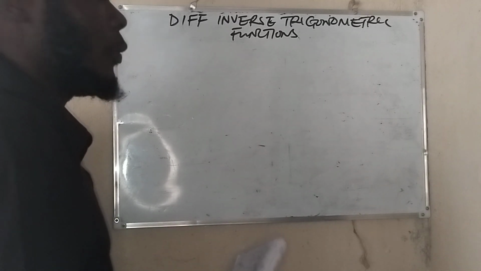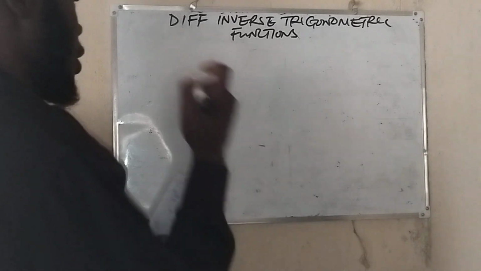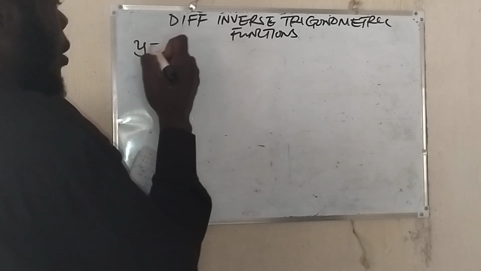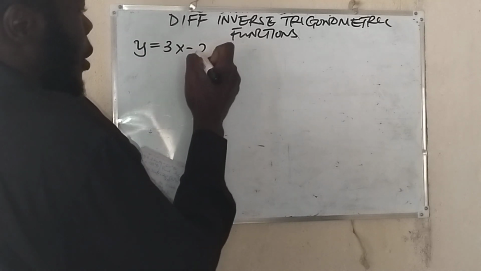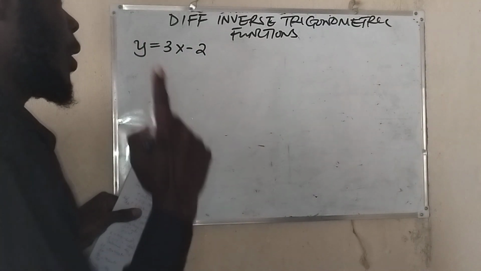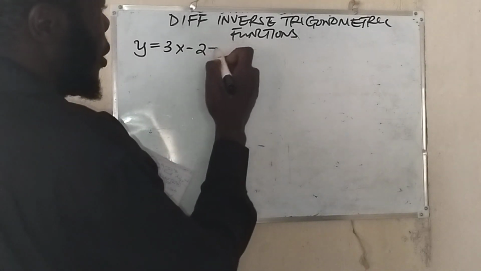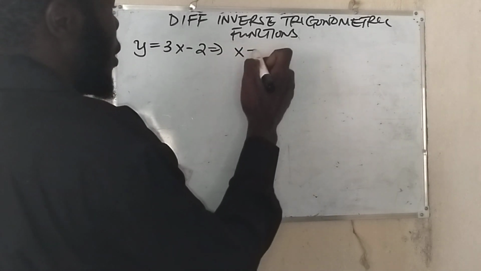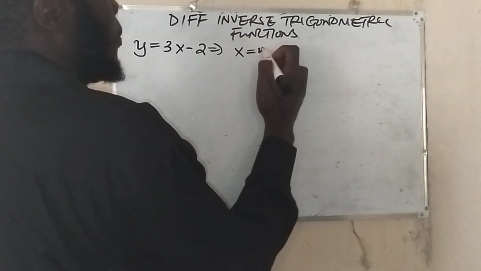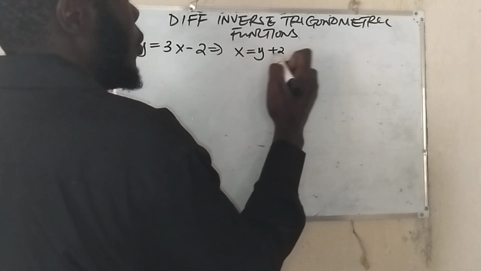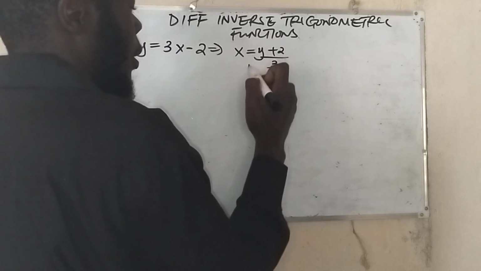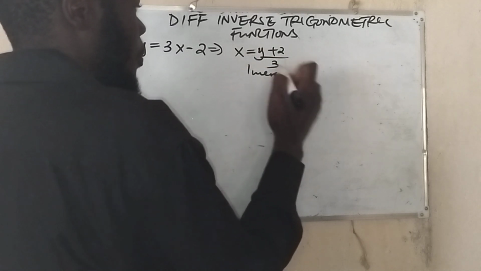For example, if you are given a function like y equals 3x minus 2, by transposition, x will be (y plus 2) over 3. That is the inverse.